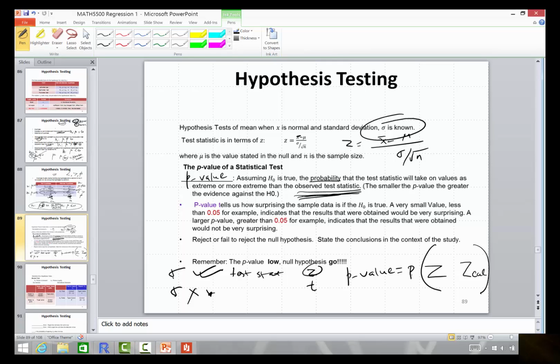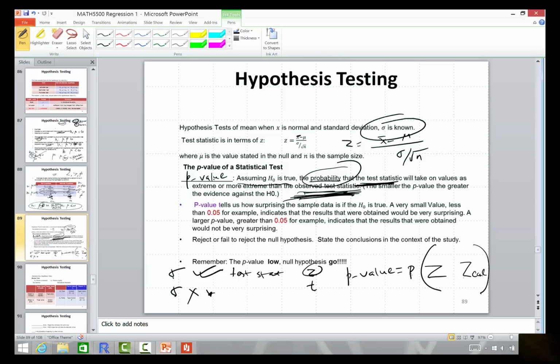Once again, assuming the null hypothesis is true, the p-value is the probability that G will take on values as extreme or more extreme than the observed test statistic, G calculated.